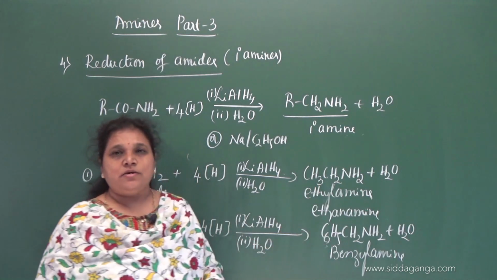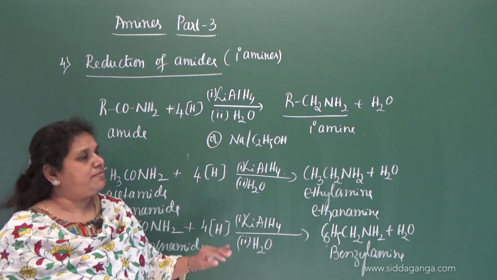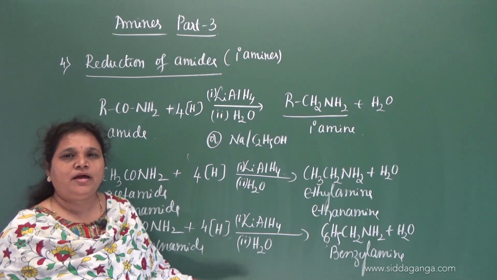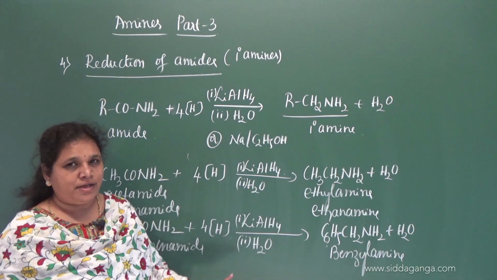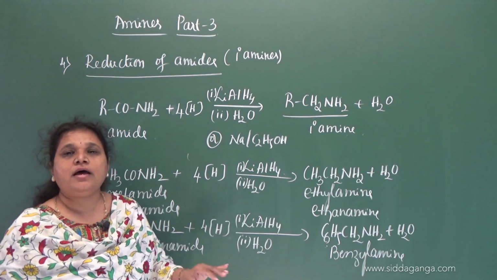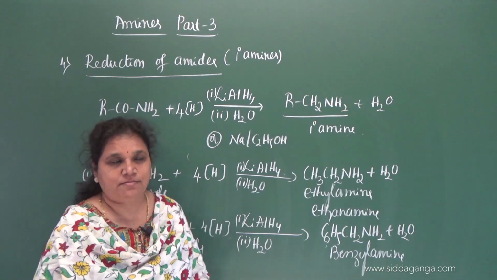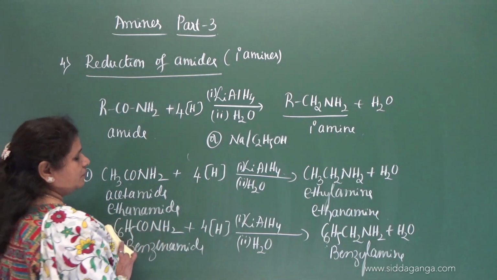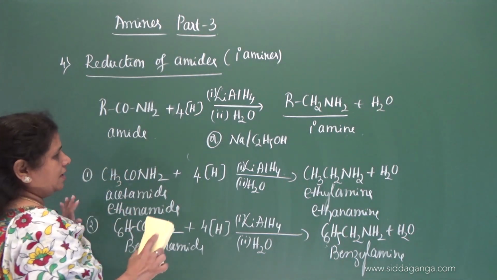So this is one more method for the preparation of primary amines. By using this, you can prepare aliphatic primary amine and also aromatic primary amine, in which it is alkyl amine. Okay. Now let us move on to the next method of preparation. This is one more method. So note down the general reaction and take down the examples.